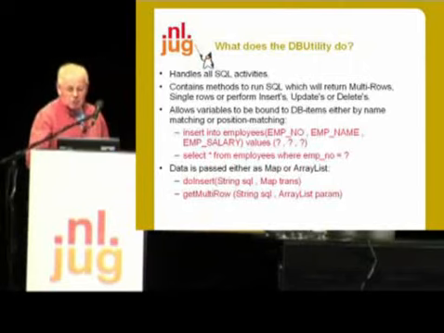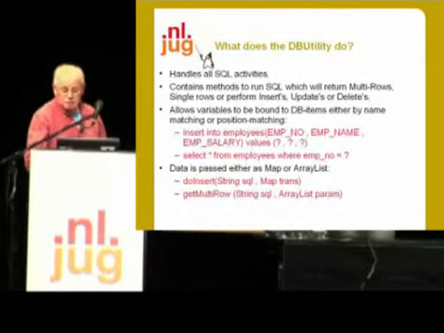So if we look at the example here, insertion into the employees table, we've got 3 items: employee number, employee name, and employee salary. And when we want to do an insert, we've just got to make sure that our map, trans, has got those 3 items. It's got the employee number with the value, it's got the employee name with its value, and employee salary with its value.